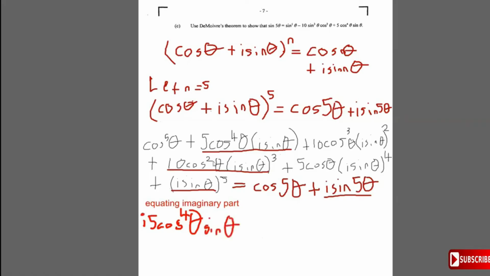For this part I'm getting i cube sine cube, but i cube is minus i, so I'm going to write it as minus i times 10 cos square theta sine cube theta.